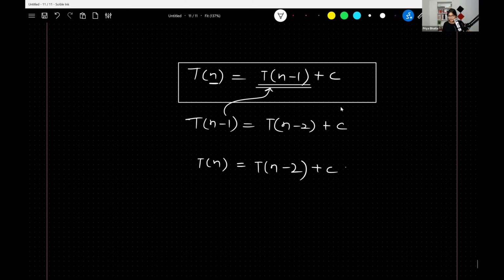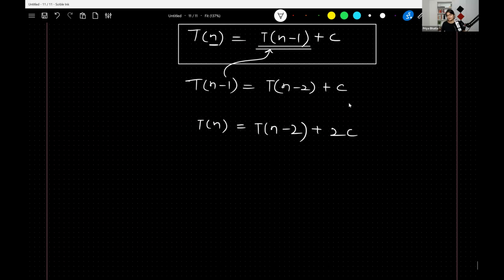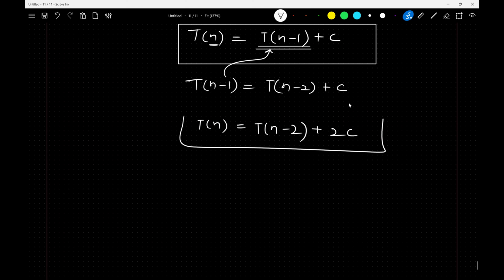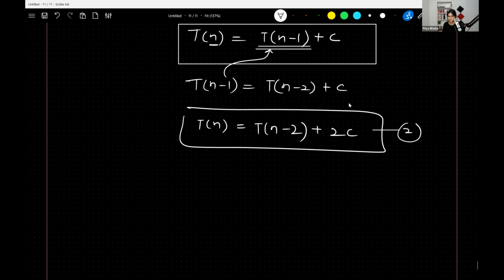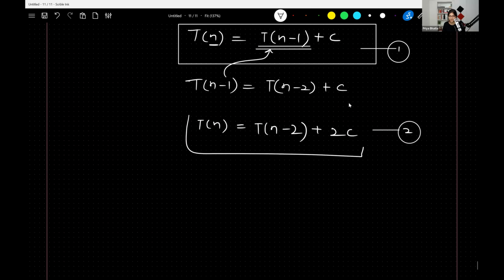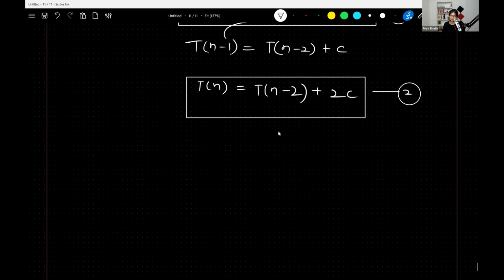Already plus C is available, so it will be 2C. Can I say so, everyone? Yes. This is the second equation we get. This is the first equation we got as the recurrence relation. If I say, again, substitute the value of T of n minus 2, what will you get for the T of n equation?